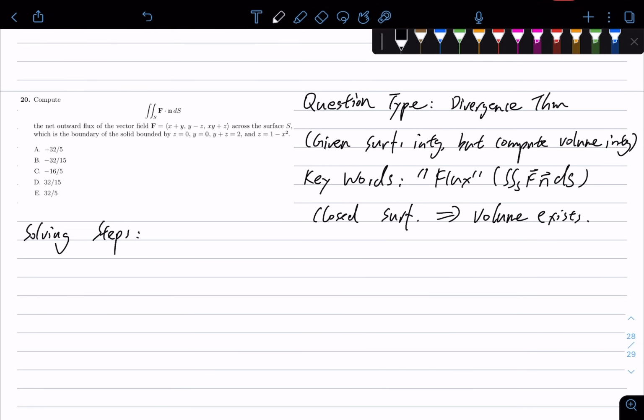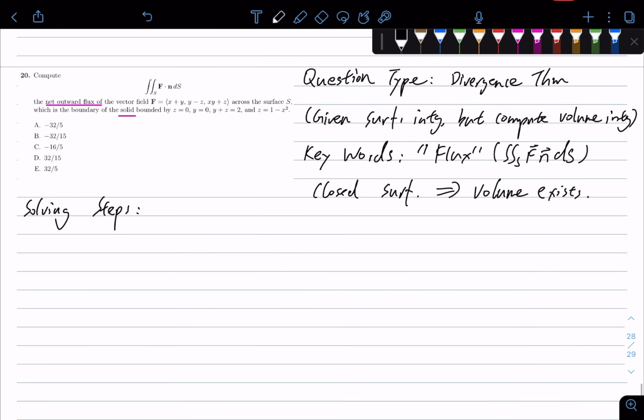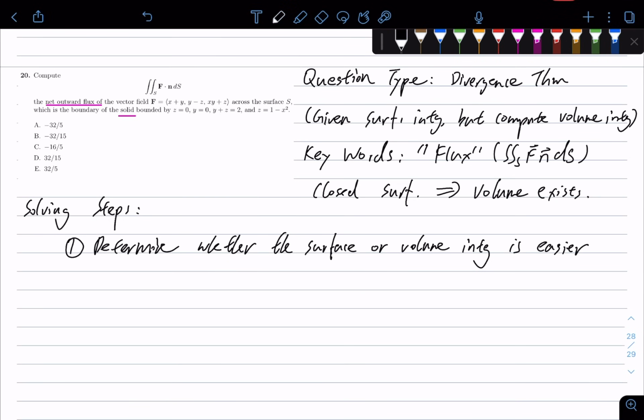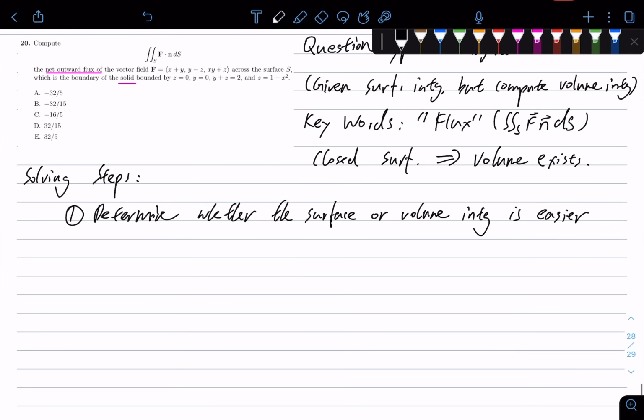And then the key word here is also a solid, right? A solid, and also net outward flux. Okay. So to solve this type of problem, right? Again, we're going to determine whether the surface or volume integral is easier, okay?